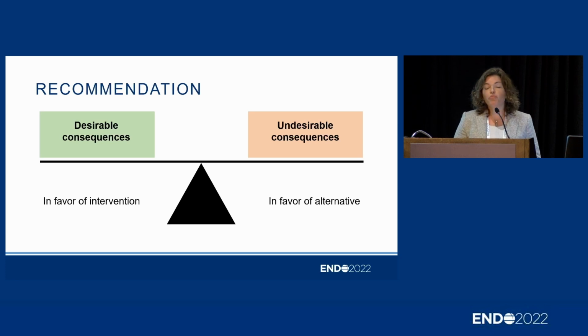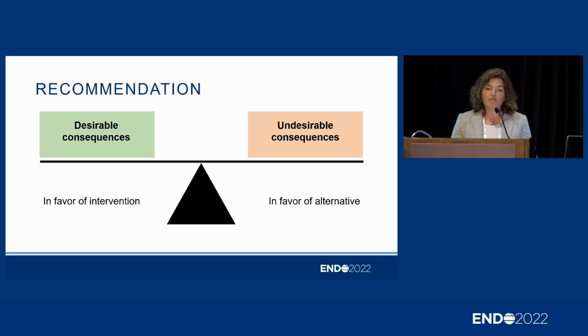And on balance, the panel is asked to decide, are there more desirable consequences or undesirable consequences for a specific question? So if there are more desirable consequences, that comes in favor of the intervention. On the flip side, if there are more undesirable consequences, it is in favor of alternatives.